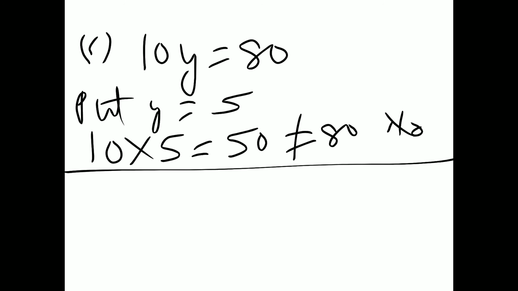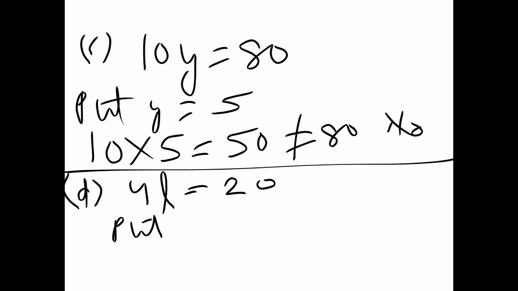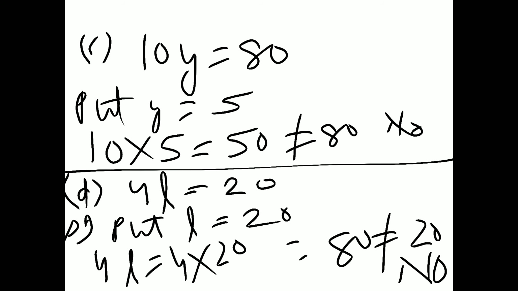Now we do D part. Your D part is 4L is equals to 20. Clear? Put L is equals to 20 only. 4 into 20 is 80. So 80 is the left hand side and the right hand side is 20. So 80 and 20 are not equal, so the answer is no. Now we do E part.